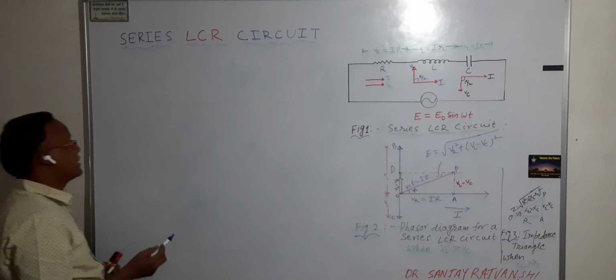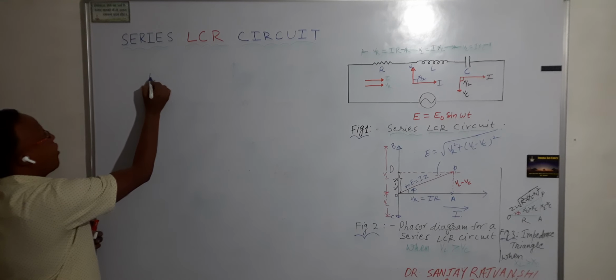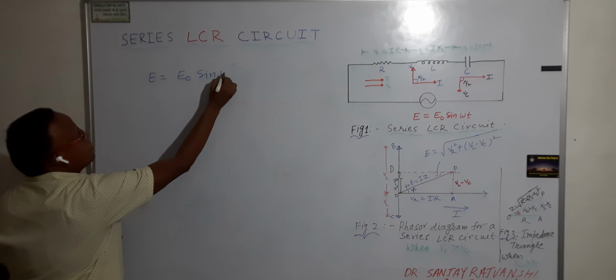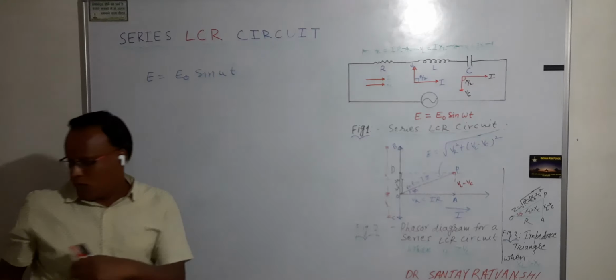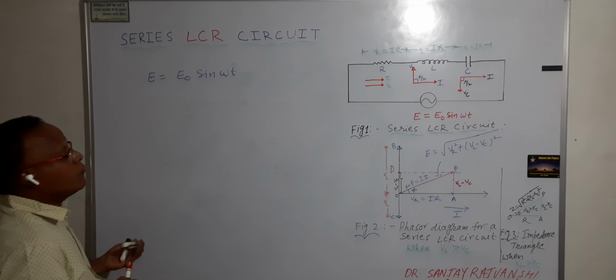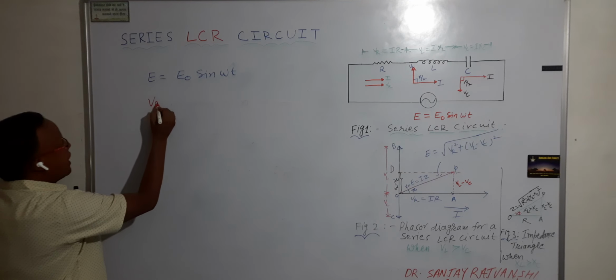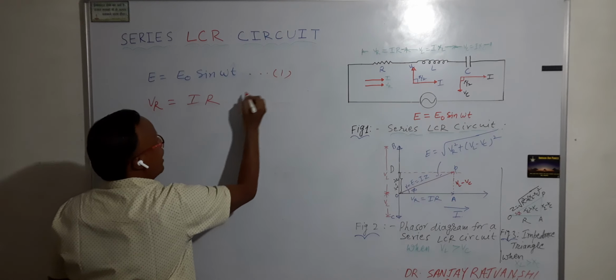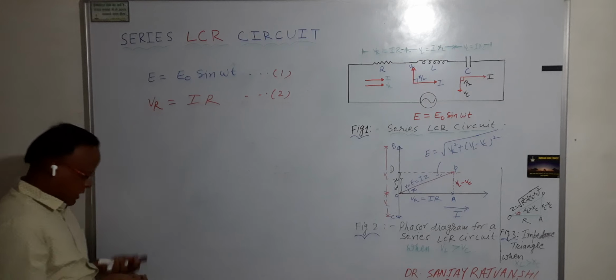We noted all these down here. The EMF of the AC source we are given is E is equal to E0 sin omega t, and the voltage across the resistance is VR is equal to IR. This is your equation number 1 and this is your equation number 2.